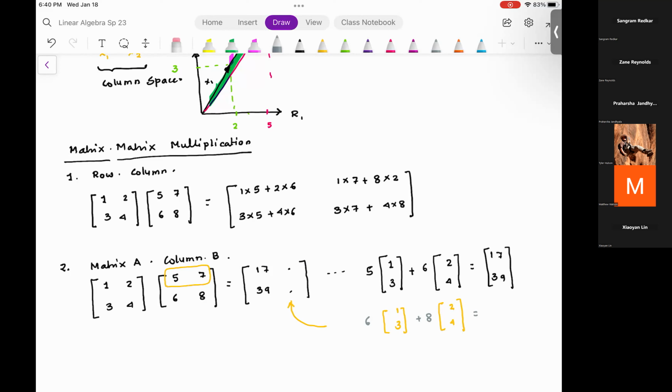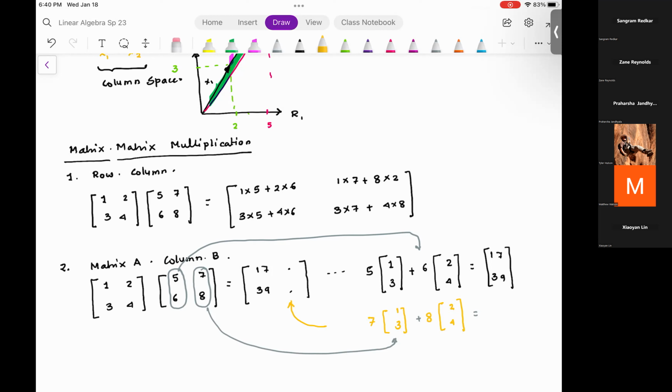So let me just be very careful here. First your weights were these. These were the weights for the first multiplication. And for the second multiplication, these are going to be the weights: 7 and 8.